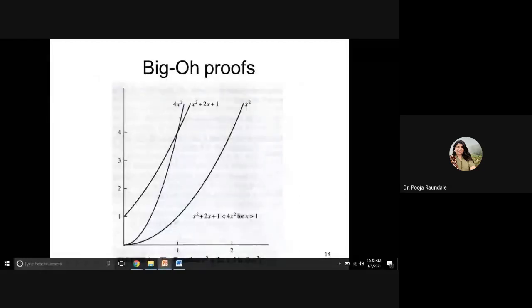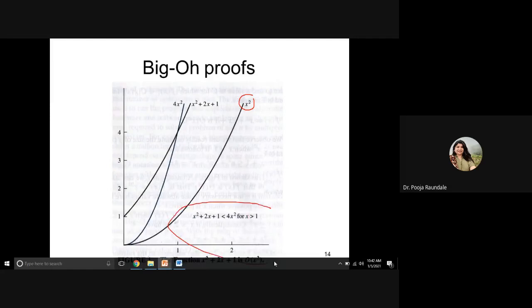look at this. This is your x square. So your x square performs like this on the graph. This is x square. This is x square plus 2x plus 1. And this is 4x square. These are the three functions.